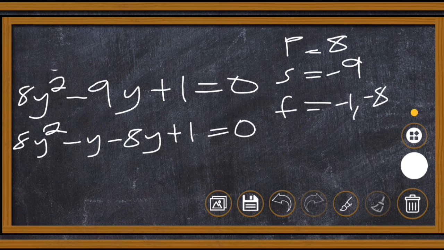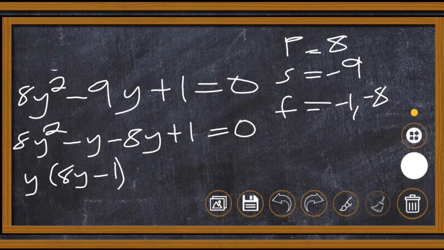So in this case, let's factorize y here since it's common. We're going to have y, and then minus, when we remove y from 1y, we are going to remain with 1, and when we remove y from 8y, we are simply going to remain with 8. Okay, so that's how it is there.